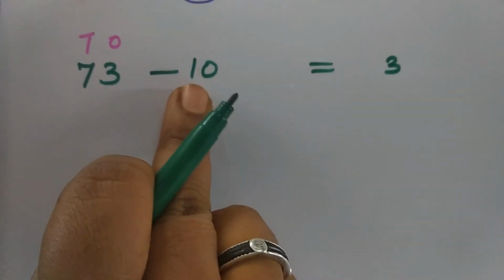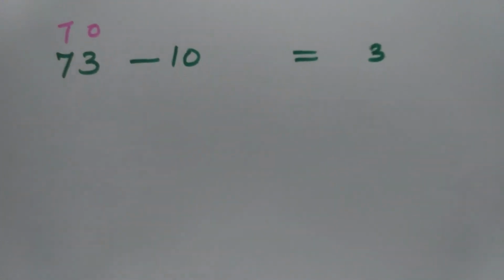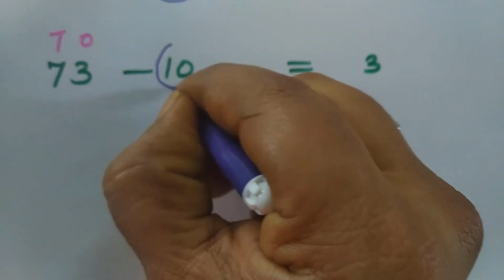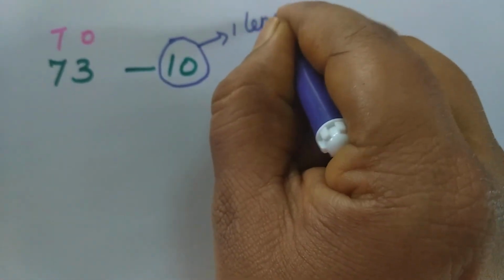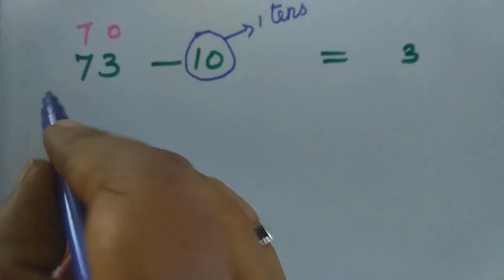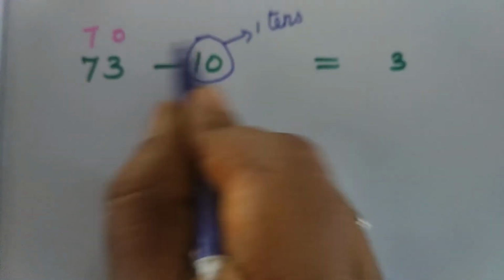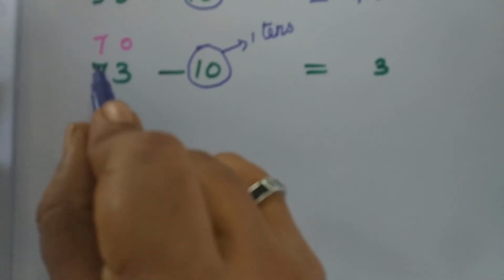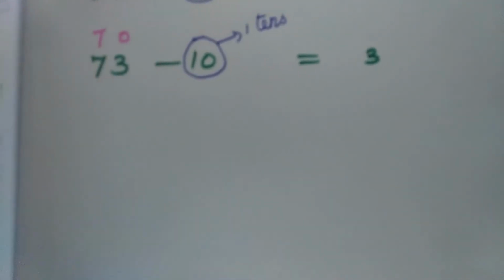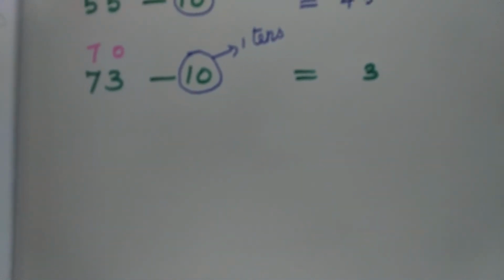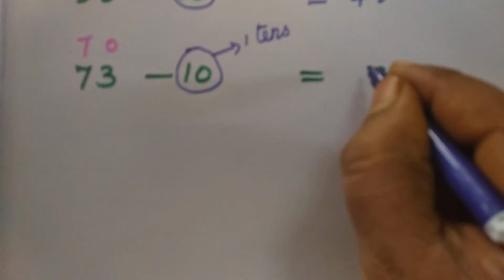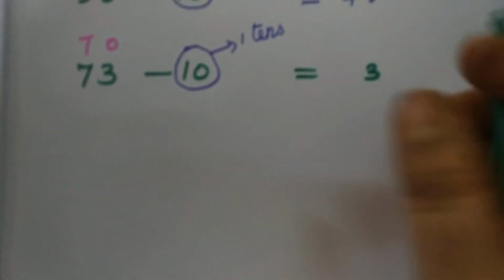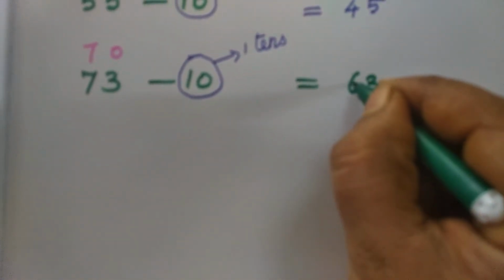So here 10 means it represents 1/10. You just remember this 10 as 1/10. And you have to subtract this 1/10 from this tens place number 7. 7 minus 1, 6. Okay, so 6 is the answer. So 6 tens.